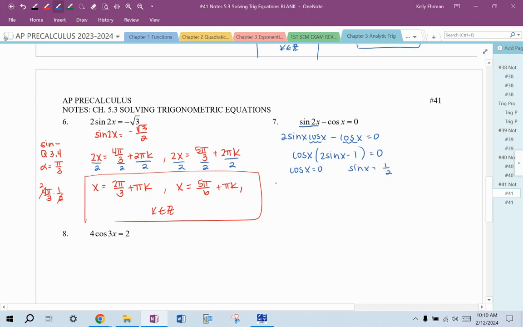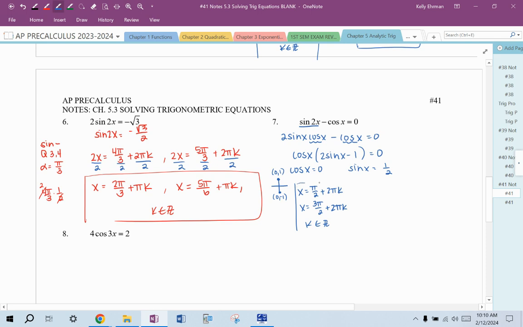When is cosine x equal to 0? So these are non-quadrant angles, and there are 2 answers here, top of the circle and bottom. So x equals pi over 2 plus 2 pi k, and x equals 3 pi over 2 plus 2 pi k. Nothing extra to solve for because the angle was just x, it wasn't 2x. So I write k as an integer.